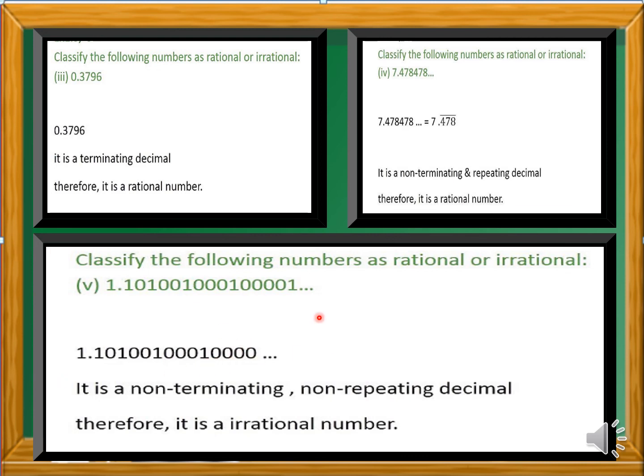The pattern should be the same, then only it is said to be a repeating number. So it is a non-repeating decimal expansion. Therefore, it is an irrational number. If you try to convert this into a rational number, you will not get the answer. You cannot convert it into a rational number at all. So the third subdivision answer is rational, the fourth subdivision rational, and the fifth subdivision irrational number.